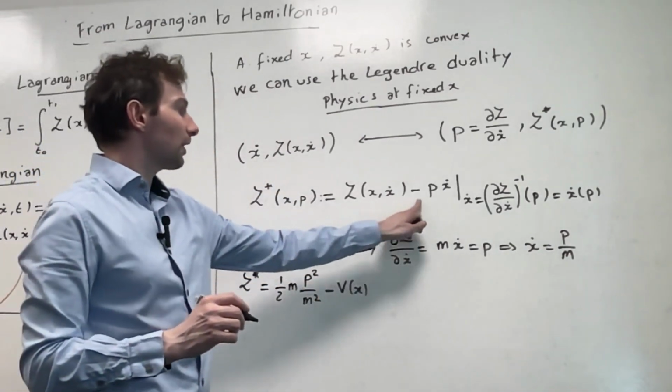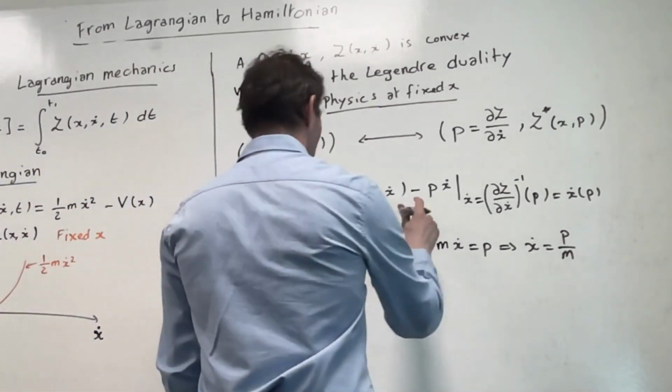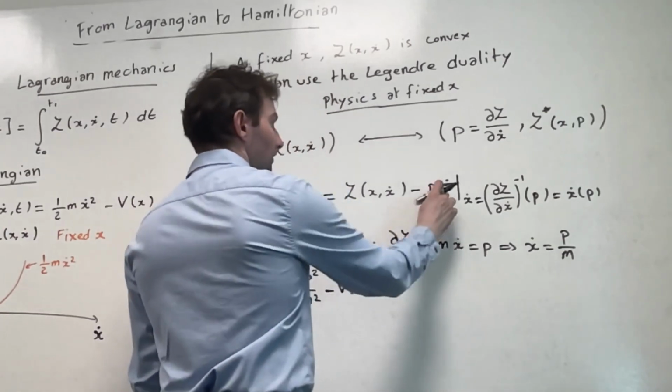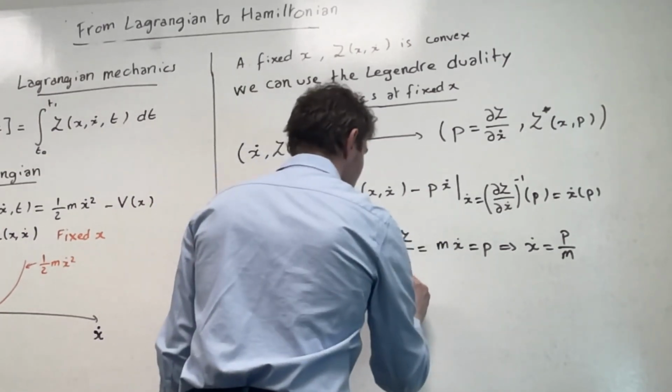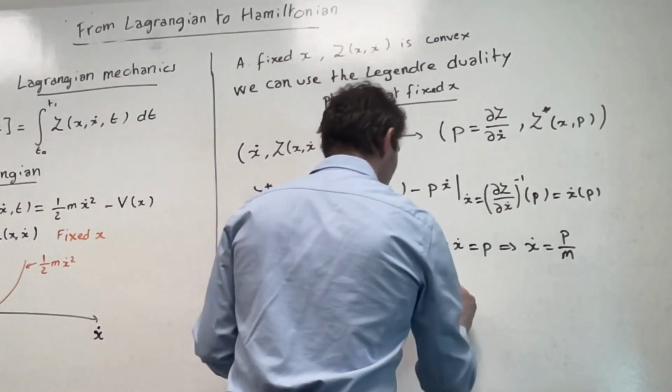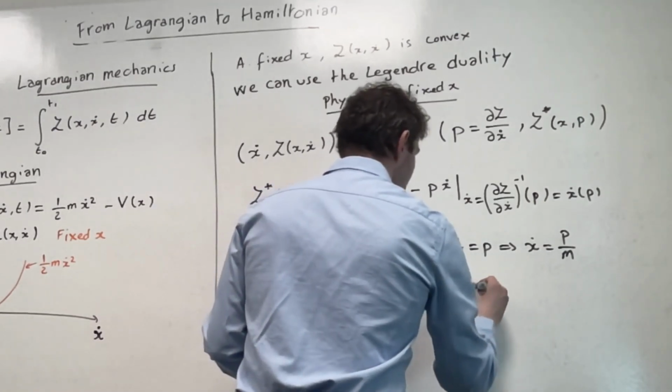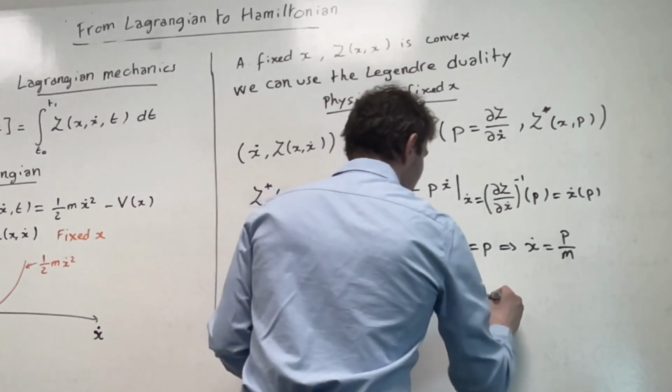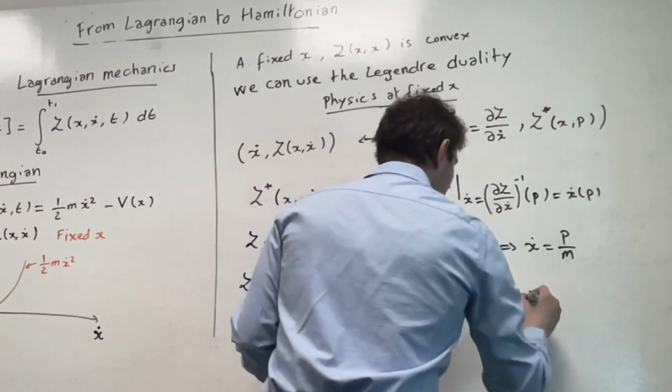And then I need to subtract P times x dot, so that's P squared over m. And this is equal to minus P squared over 2m minus V of x.